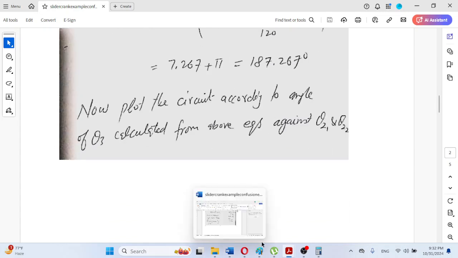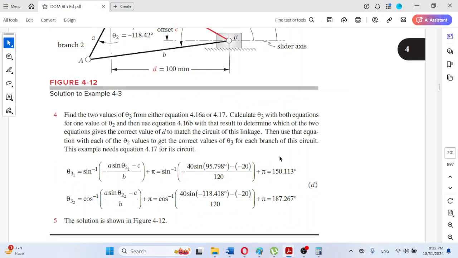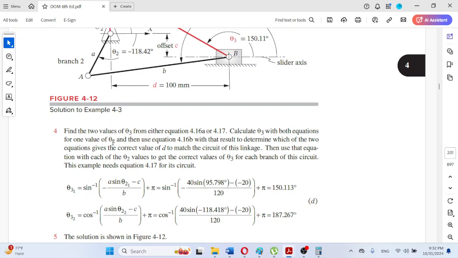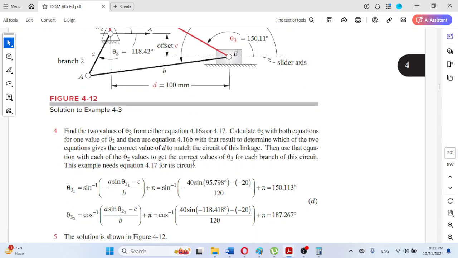Now the author gives another check. Once the values of theta 3 have been calculated against each value of theta 2, meaning theta 2 1 and theta 2 2, then use equation 4.16b.